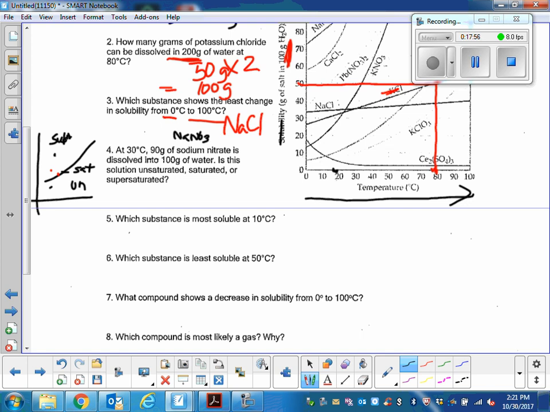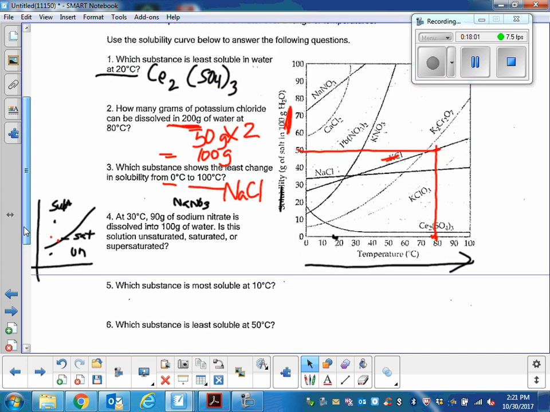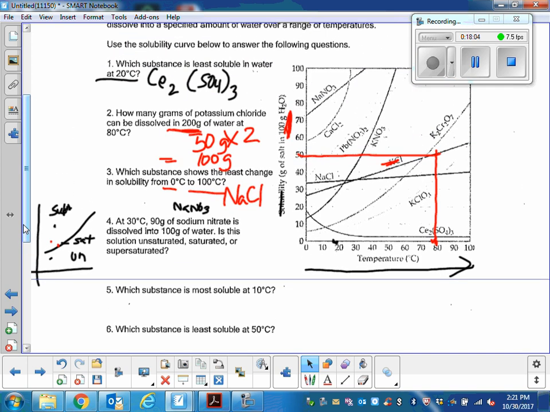Okay? We're going to answer this question. This is sodium nitrate. Where is sodium nitrate? That is NaNO3, correct? At 30, how much are you dissolving? 90. Can you get the intersection of 30 and 90? Where is the intersection of 30 and 90?